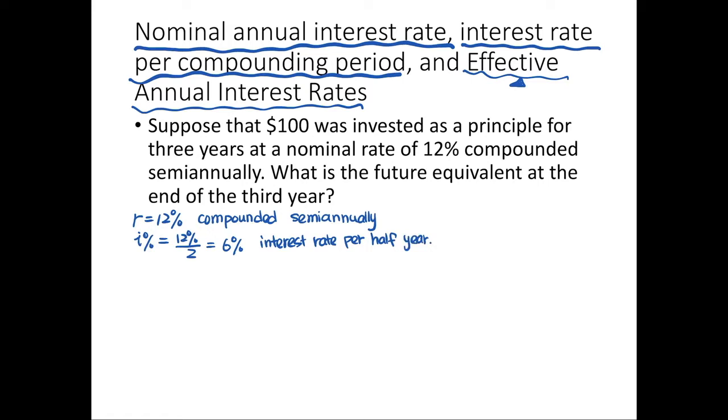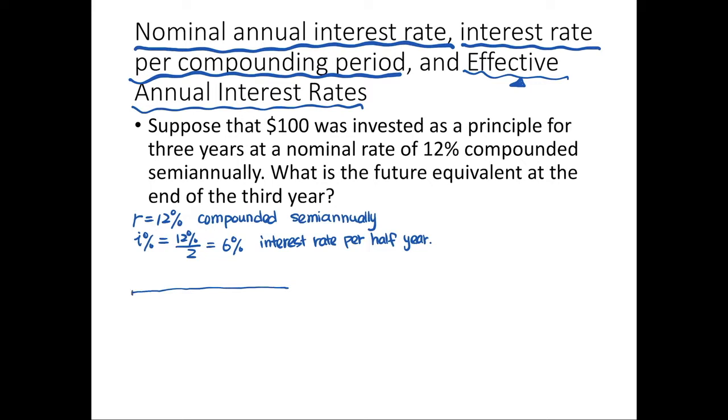Okay, so what is the future equivalent at the end of the 3rd year? Okay, so your cash flow diagram will be, you invested 100, so that's the money going out.